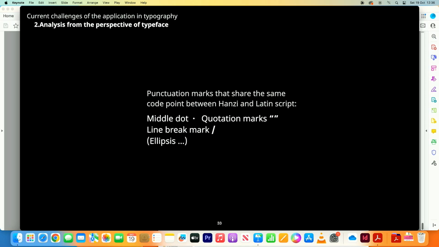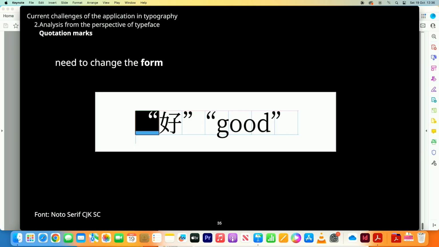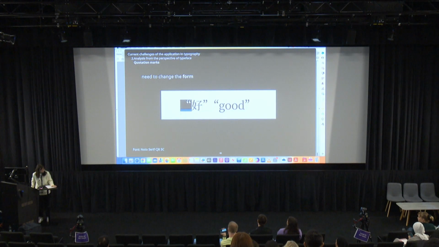Before we talk about how to make localized forms, let's have a summary of shared code point punctuation marks. We have the middle dot, quotation marks, line break mark, and we can also count ellipses. They can be roughly divided into 2 categories: those that need to change the form and those that need to change the position. Quotation marks belong to the change-the-form category compared to the one used in Latin script. The one for Hanzi is bigger and occupies more space.